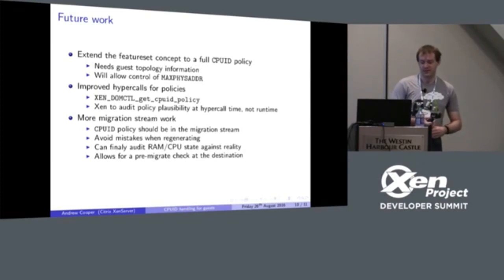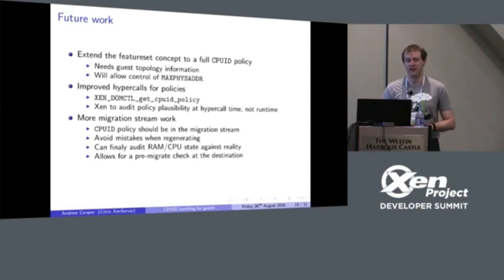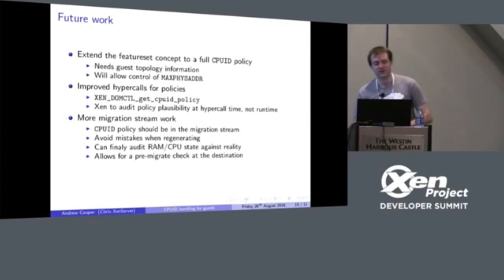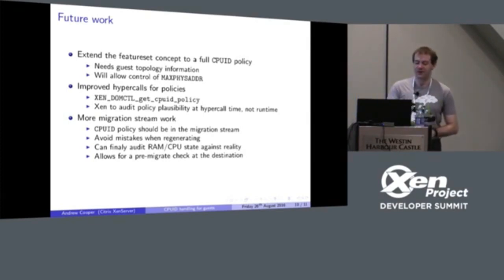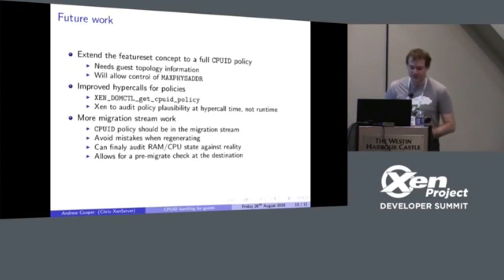So in particular, this tends to manifest itself via the first TLB flush breaking after resume, where you've got a write of CR3 and a write of CR4, because that is the first point that Xen actually has the real CPU policy to audit the control register against. At the time that the RAM and the CPU state is in the migrate stream, the tool stack hasn't even considered what it might do for the CPUID policy.